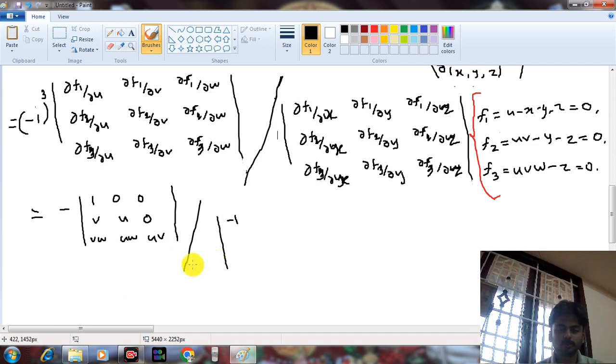So when we are differentiating f1 with respect to x we are getting minus 1, f1 with respect to y we are getting minus 1, and f1 with respect to z we are getting minus 1.